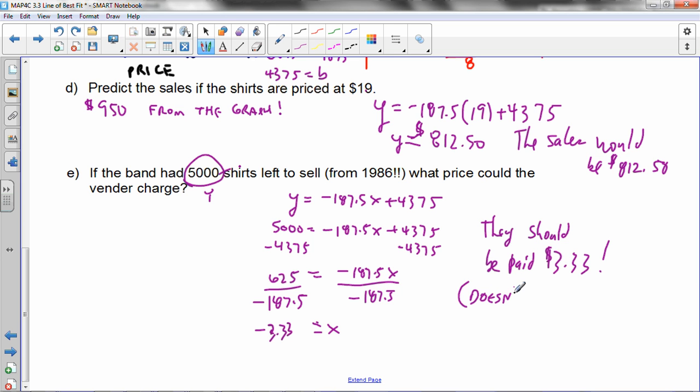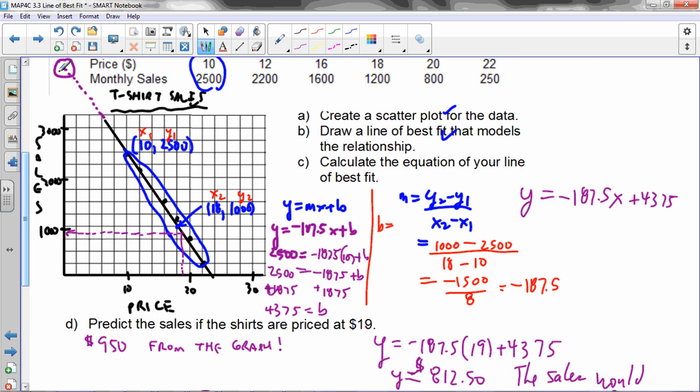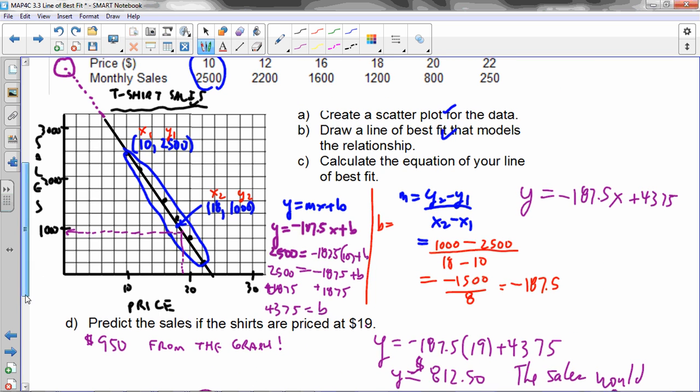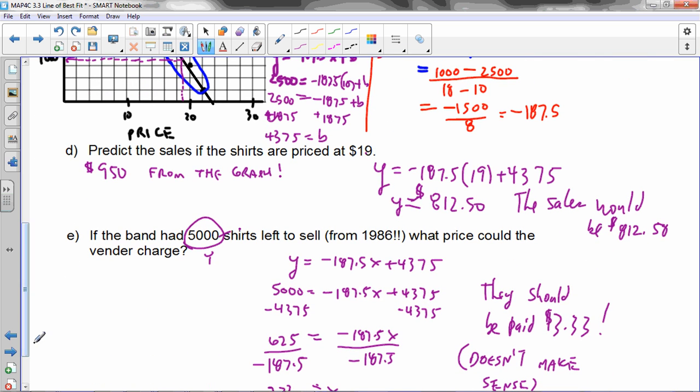So there's times when using the line of best fit to make a prediction doesn't make sense. And we can see that on our graph, that if we went back to 5,000 T-shirts, it would be a negative price, which just doesn't make sense.